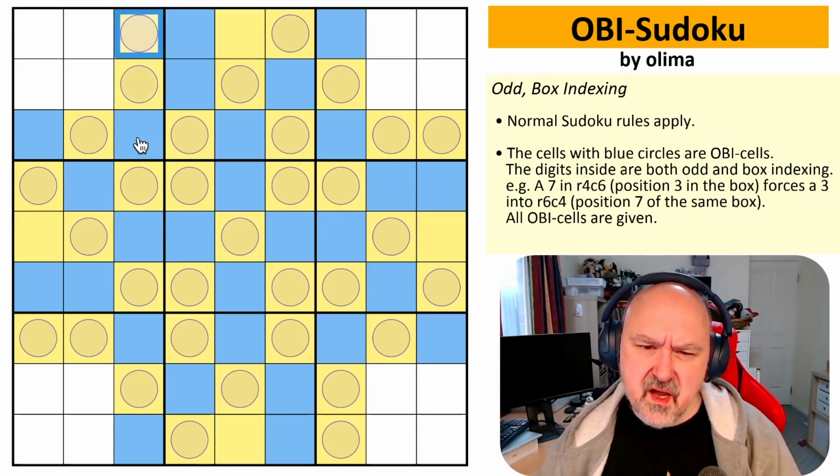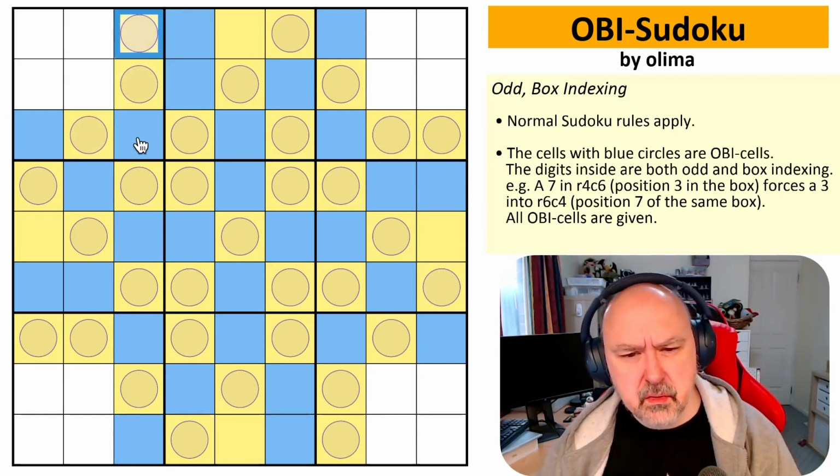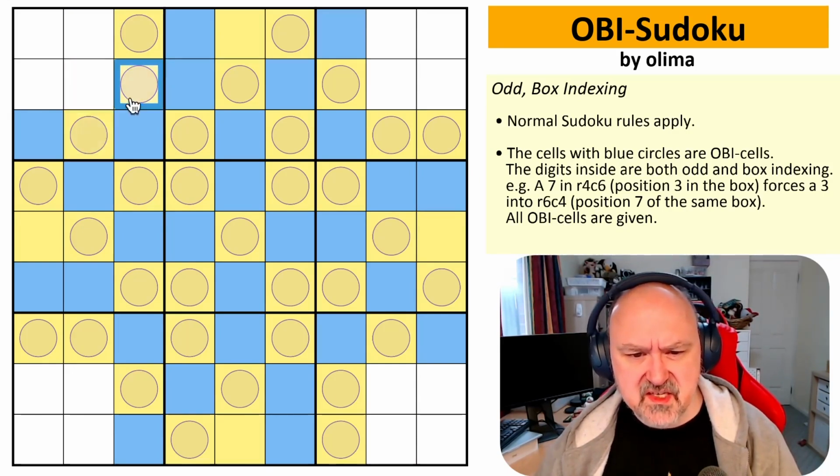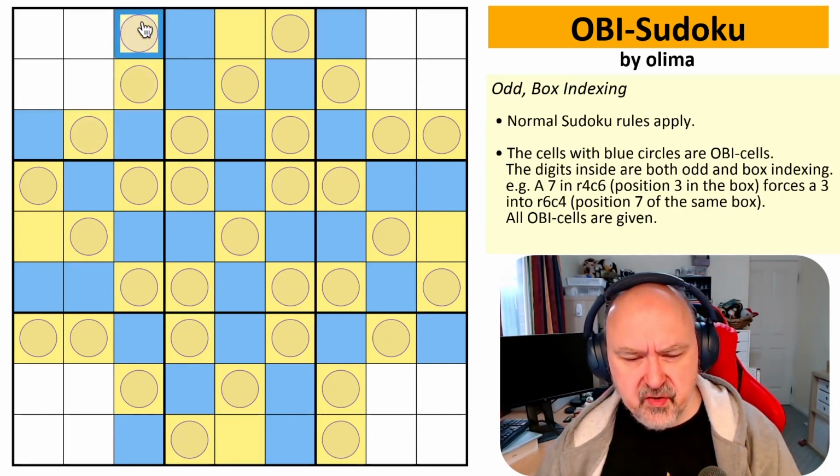Wait, so this can't point at 3, because if this points at 3, then that would have to point back, and it can't do it. So this one can't be a 3. So these ones can't be 3, is what we're knowing, because that's 6 and 8. Because then they'd have to point back, and it couldn't do it, because they'd have to be even.